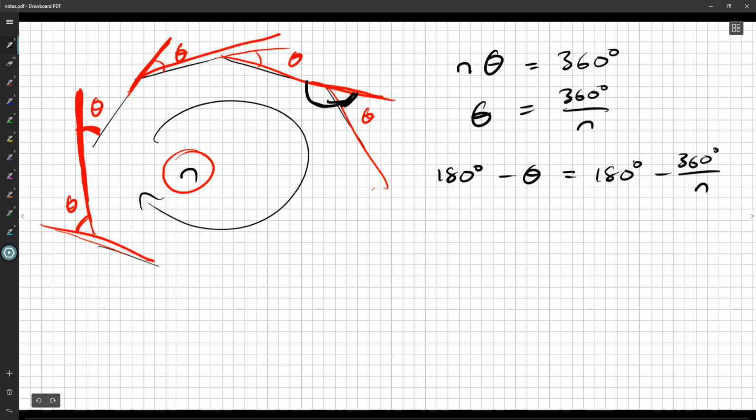You can use this to figure out that the interior angle of a square is 90, or 60 degrees for an equilateral triangle, or the 108 in this particular question. So that's a little fun fact there. That's how you can find the internal angles of an octagon being 135. That sort of stuff.